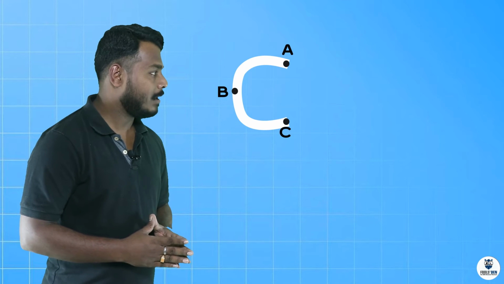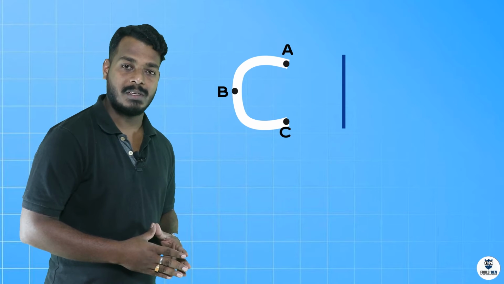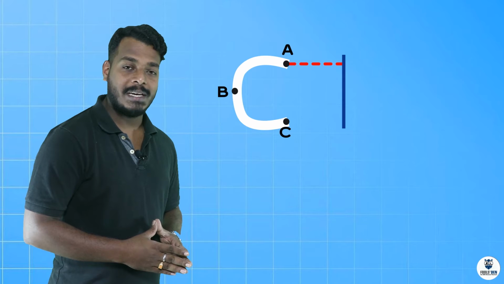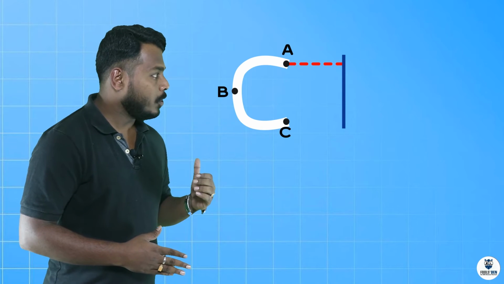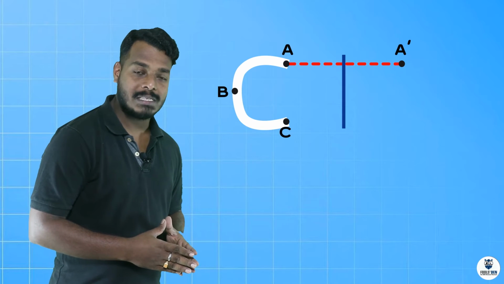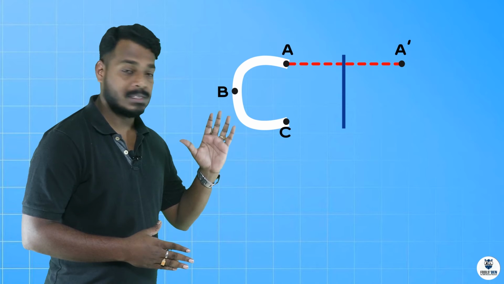Now let's take a vertical mirror and we'll try to draw the mirror image of this figure. Now just see how far is point A from the mirror, right? All you need to do is draw a point A dash on the other side of the mirror at the same distance as A. So it will be drawn something like this.